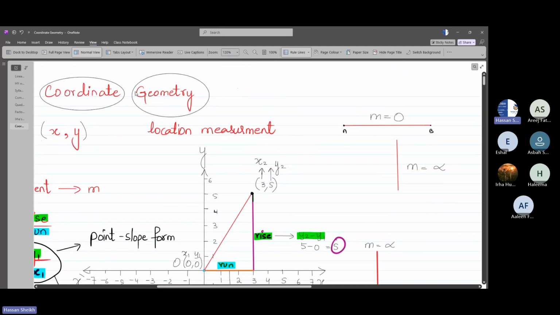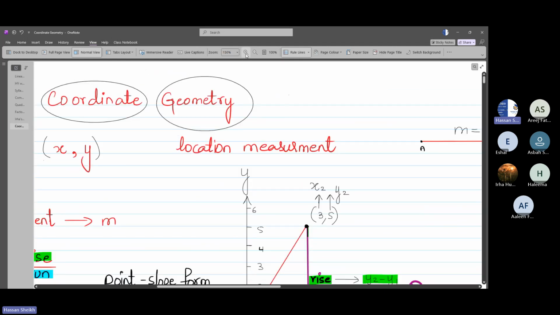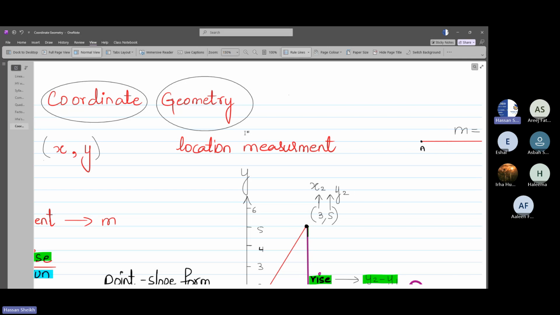And geometry, what does the word geometry mean? Geo means the earth or the ground or the location or the plane. So what is the application of coordinate geometry? Obviously, you have already used GPS maps or Google Maps. Agree?